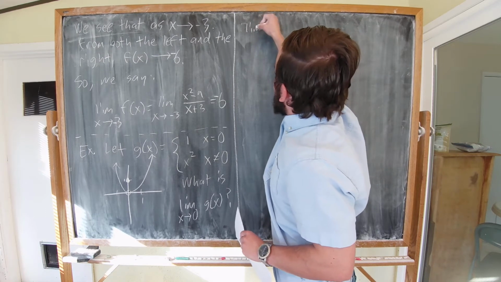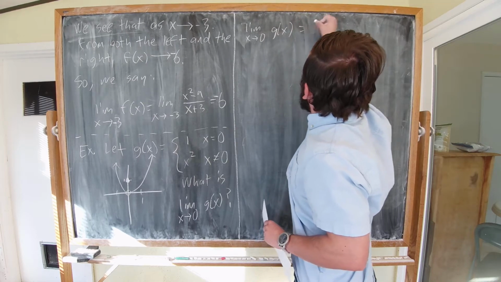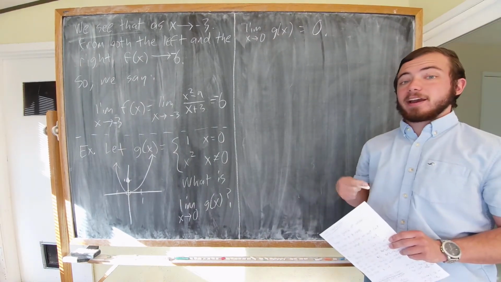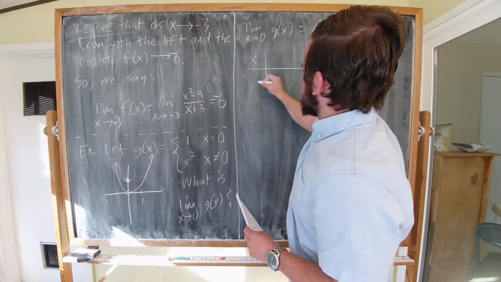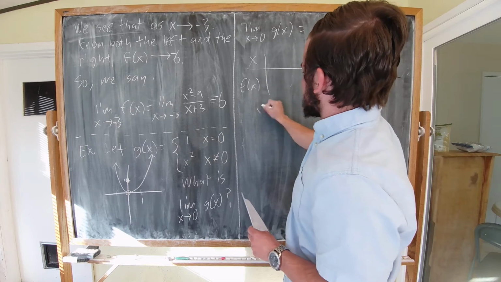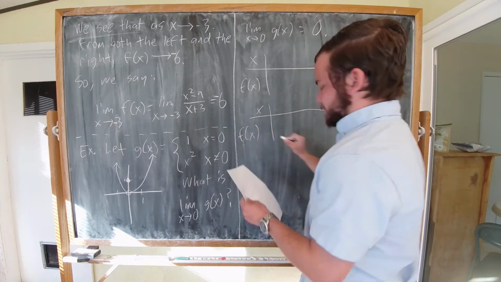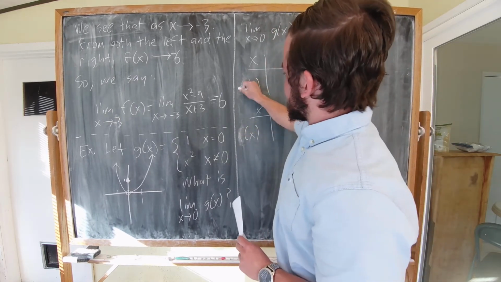So I'm going to hypothesize that the limit as x goes to 0 of g of x should be 0, right? Let's see that with our table as well. Again, we need to approach from both the left and the right. These should be g of x's.